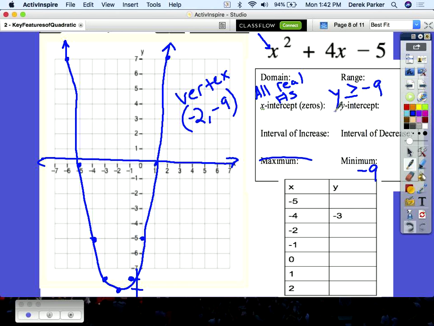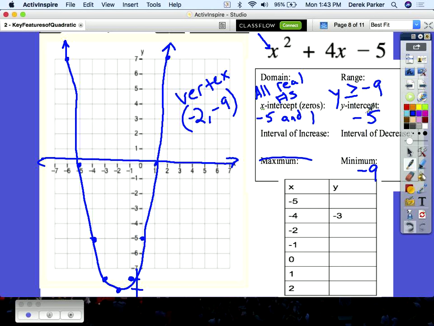So y is greater than or equal to -9 because below -9, it can't be represented. The x-intercepts, where it's hitting the x-axis, are -5 and 1. Your y-intercept is -5.